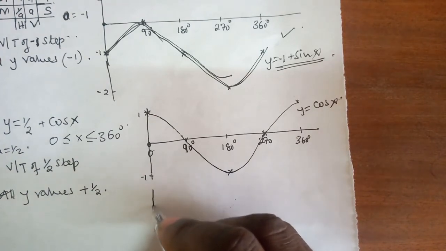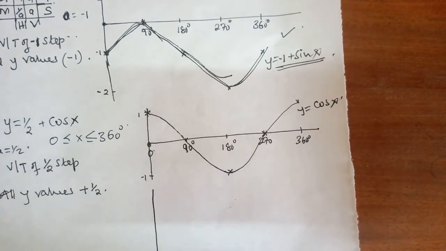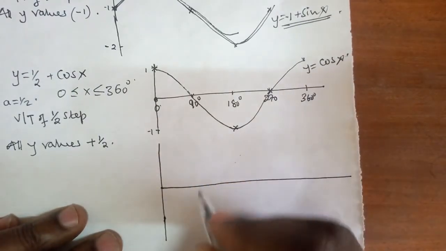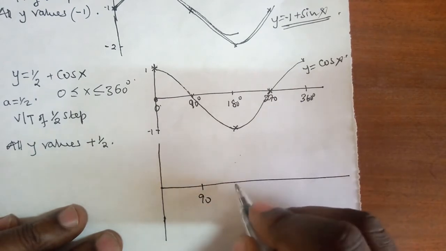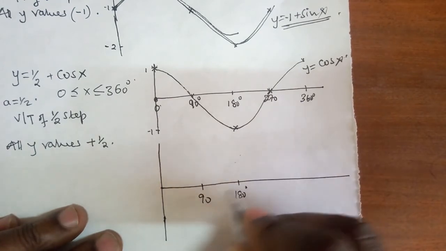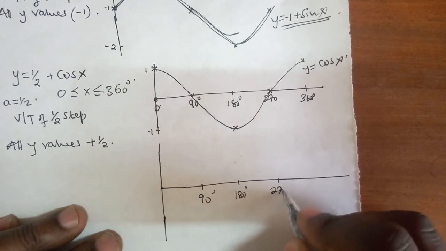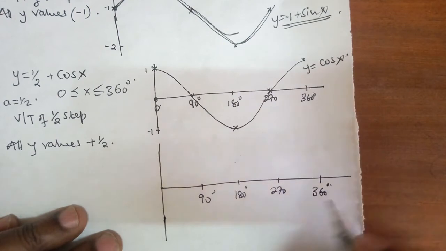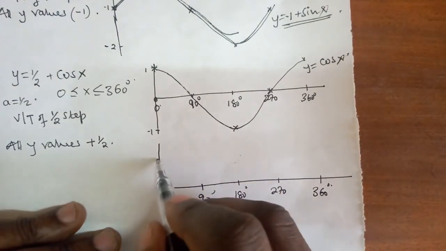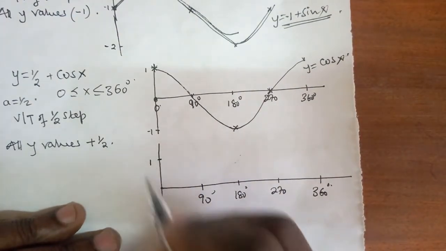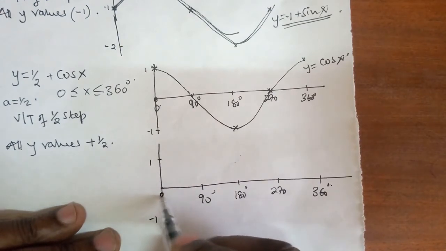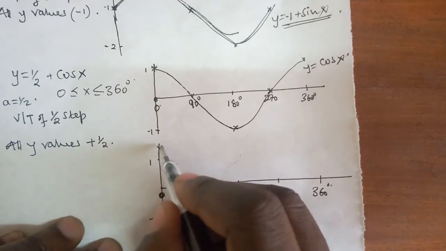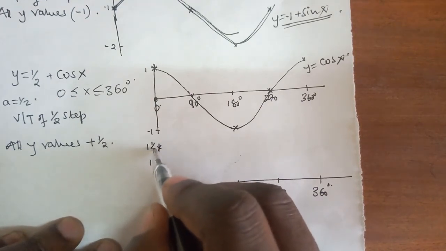So let's do it over here, and make it a little longer because it demands more space. X values don't change, so that remains 90, 180, 270, and 360 degrees. When x was 0, y was 1, but all y values plus a half, so this is 1.5.